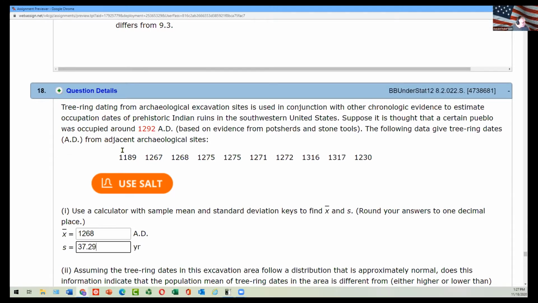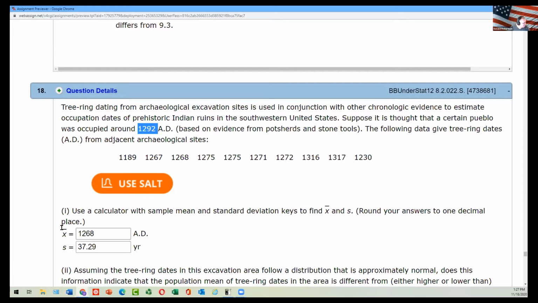So according to this data, the average age was about 1268. They believe that this particular place, based on other evidence like pottery and so on, was actually being inhabited around the 1290s. So there's, what, 30 years difference between what one said and what the other said. That might be just within the usual variation, right? Not significant, or it might be.